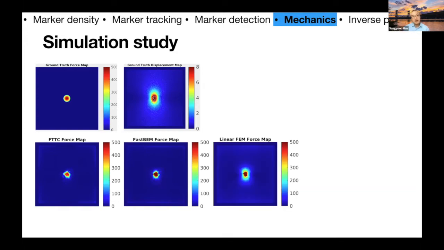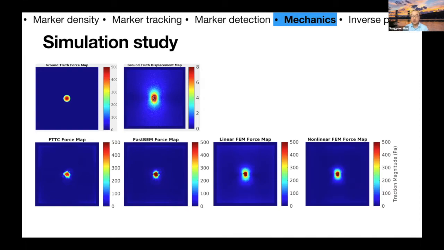If you use a linear FEM, there were more side lobes, but it also showed a good localization. And if you use a nonlinear FEM, it also has a good localization, but there's a little bit of side lobe, some smooth lobe phenomenon.